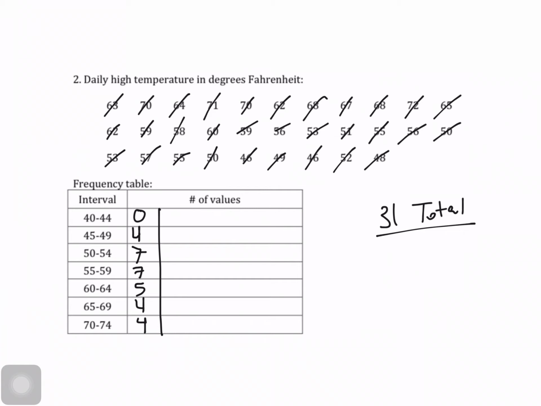Now you're going to notice that when we're doing this histogram, the bars touch each other. And what I mean by that is when I draw in this next one, we do not leave any space in between our bars. So you want to imagine them standing shoulder to shoulder, there's no space in between them.